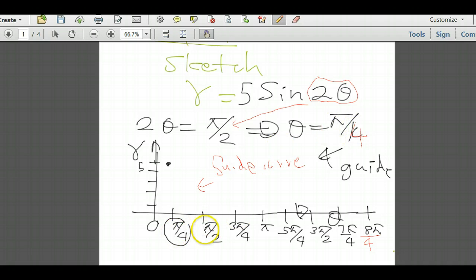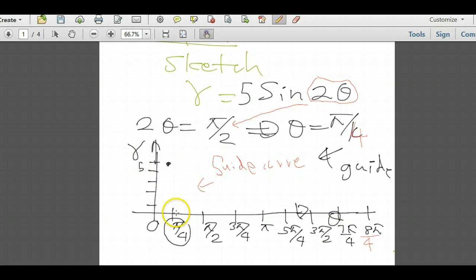Pi over 4, pi over 2, 3 pi over 4, pi, 5 pi over 4, 6 pi over 4, which is 3 pi over 2, 7 pi over 4, and 8 pi over 4, which is 2 pi. So we take the theta that we get by equating the inside to pi over 2, and we go by increments of that. If you got pi over 6 here, then we would go by increments of pi over 6. If you got pi over 3, we would go by increments of pi over 3.